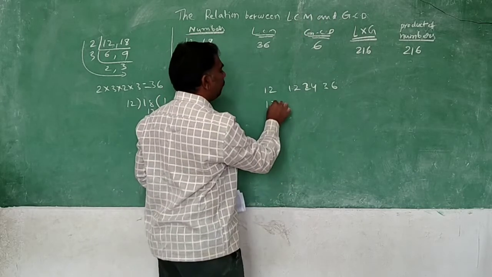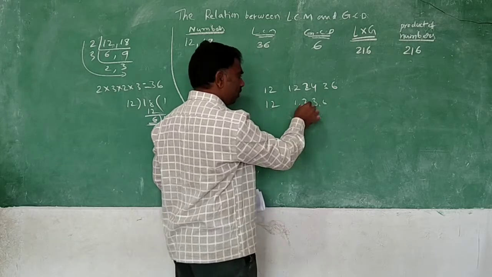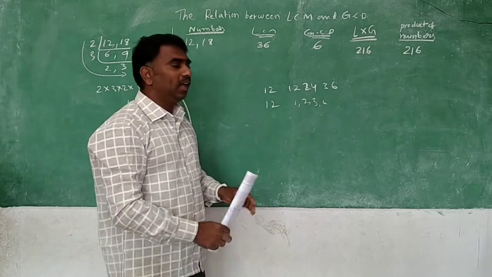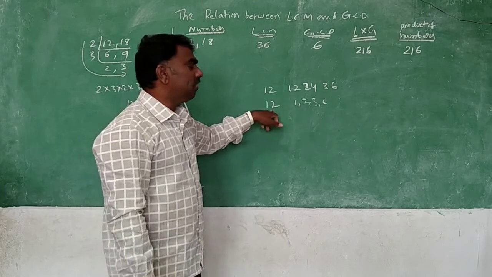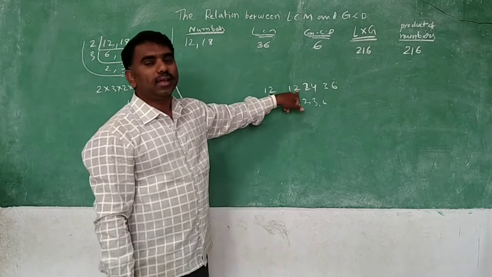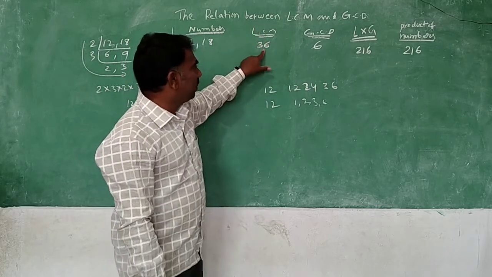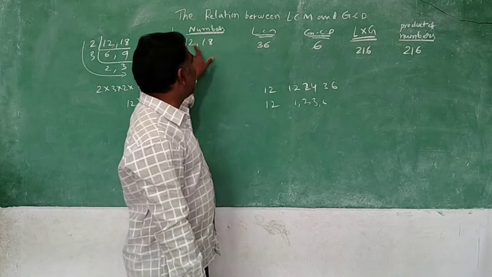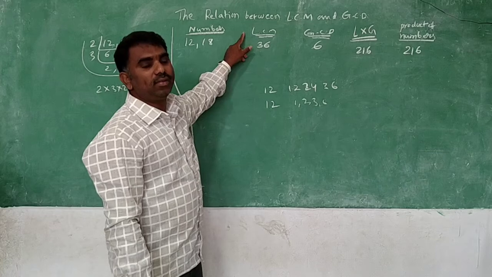And when you are taking the factors, this comes in which table? 1, 2, 3 table, 6 table. You see here these are small. The factors are smaller than the numbers. The multiples are bigger than the numbers. That's why LCM is always more than the numbers and GCD must always be less than the numbers, because these are factors and these are multiples.